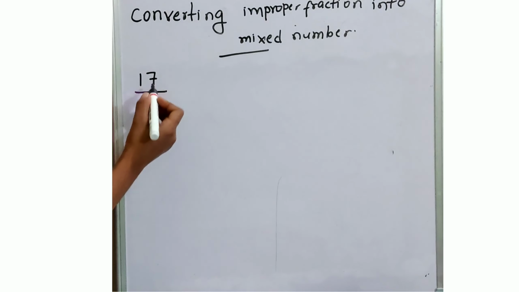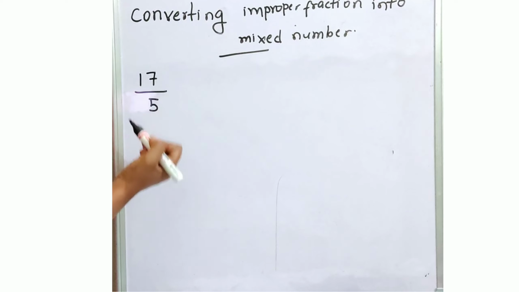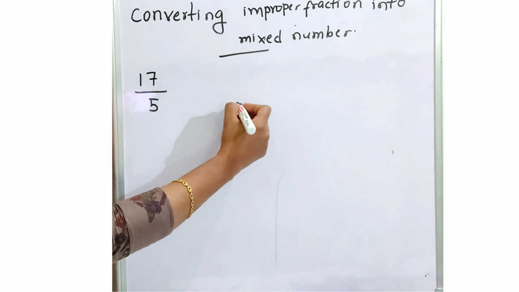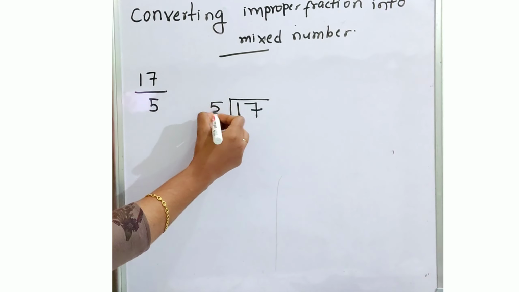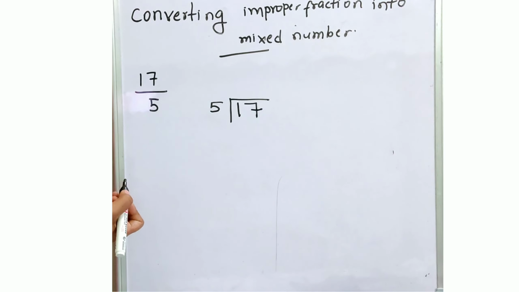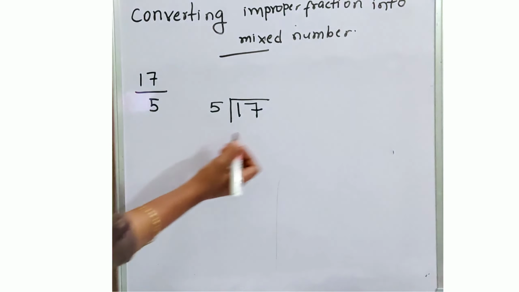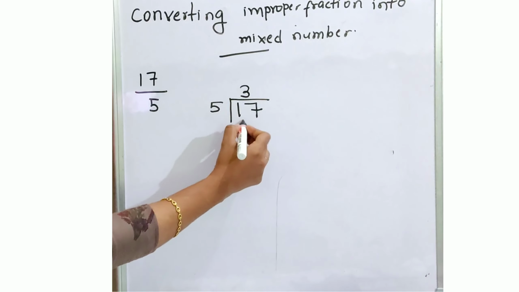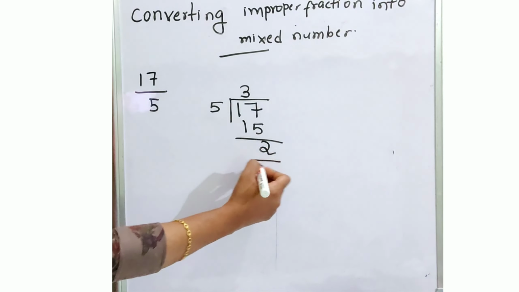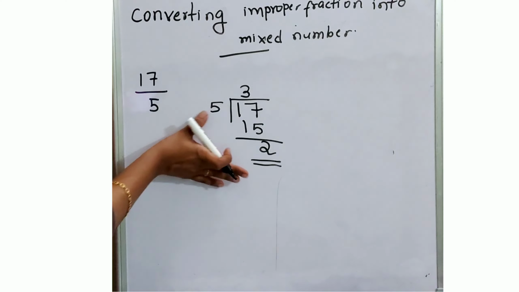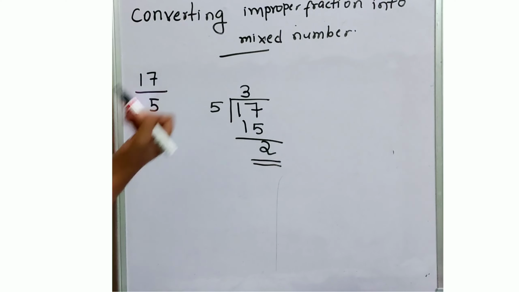First you divide 17 by 5. When you divide 17 by 5, 3 into 5 equal to 15 and the remainder will be 2.